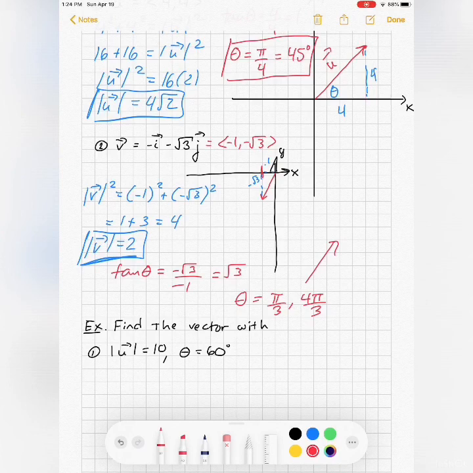So based on the graph that I've drawn there, I can see the correct angle is actually 4 pi thirds. So the direction of that vector is 4 pi over 3. Or if you like, what is that? 180 plus 60, 240 degrees? Either or.